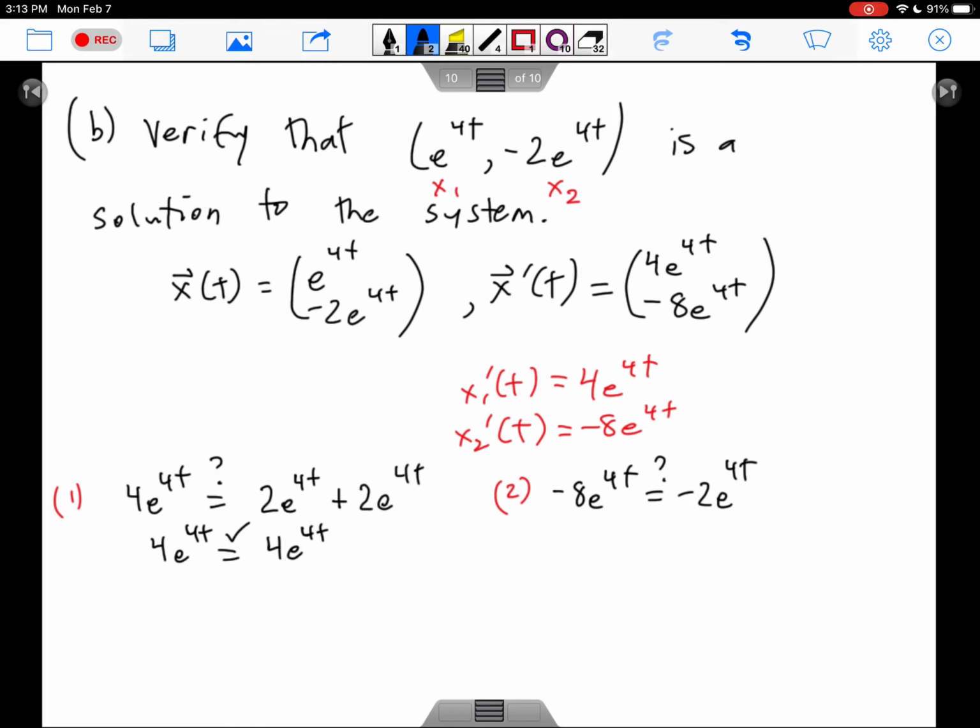That would be minus 6e to the 4t. Combine like terms on the right side. Negative 2e to the 4t minus 6e to the 4t is negative 8e to the 4t. We've got a negative 8e to the 4t on both sides, so yes, it is true. Therefore, it does solve the differential equation.